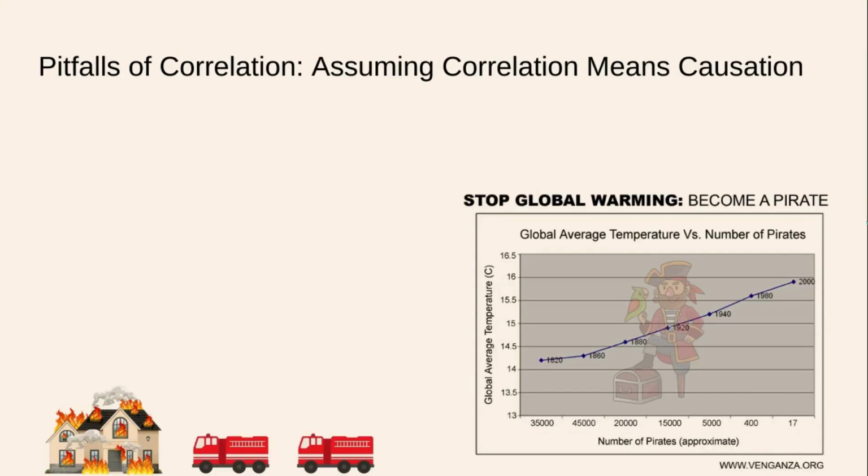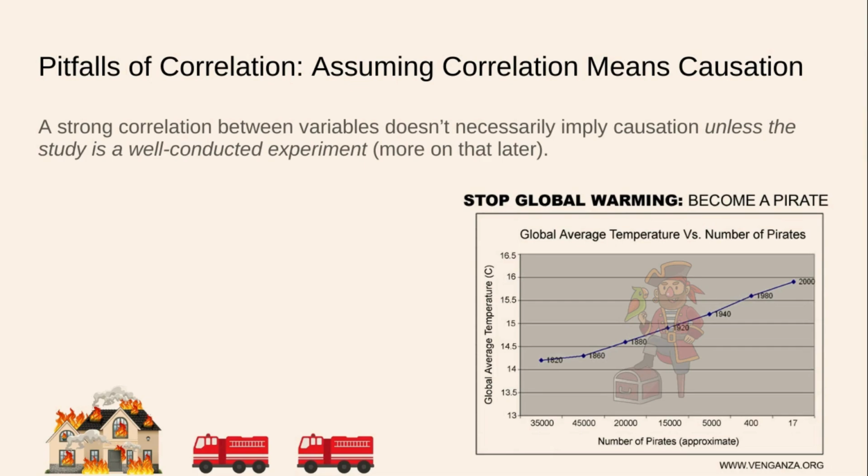So we have some more pitfalls of correlation. Assuming correlation means causation. A strong correlation between variables does not necessarily imply causation. I'm going to say that again. A strong correlation between variables doesn't necessarily imply causation unless the study in question is a well-conducted experiment.